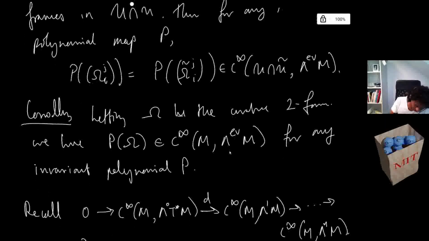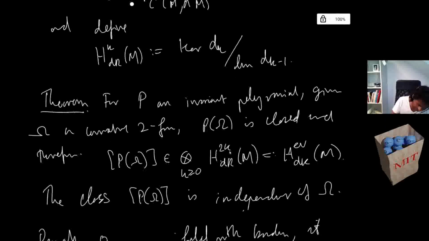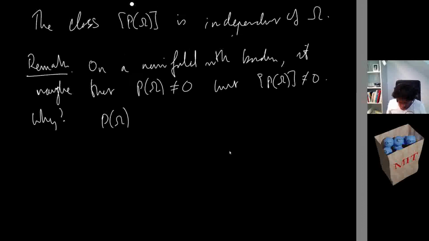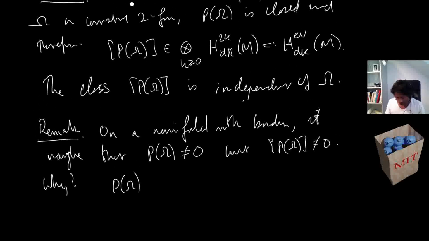So the top class, for instance, say the class of the H^n class might be actually just zero. So it might be something completely trivial at the level of this cohomology, but the P of omega might still be interesting.